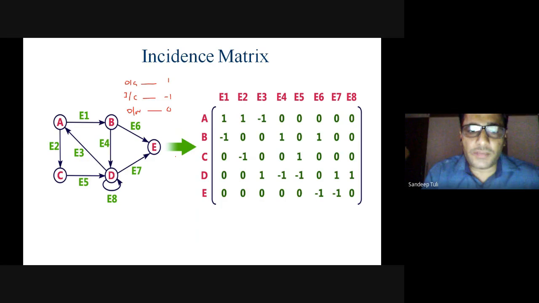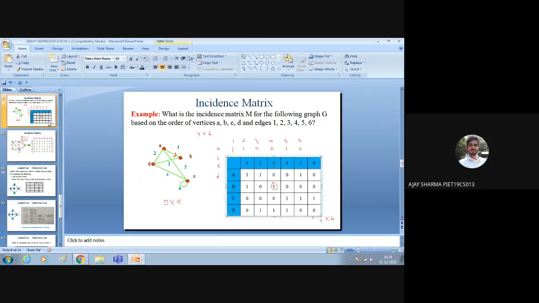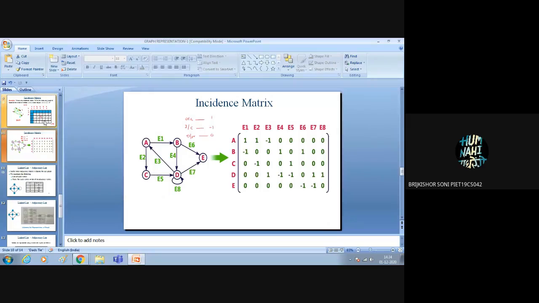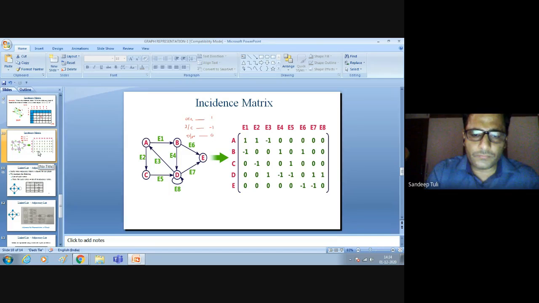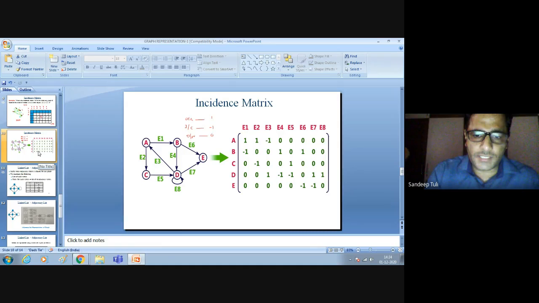Okay, we just change the terms -1, 1 and 0 for out order and in order. Sir, you have represented out order in this matrix with 1 and in order with -1, and 0 for no relationship between them. Yes. Like E1 C is 0 because E1 is not touching C.